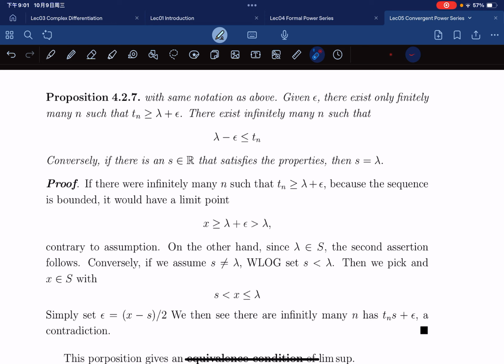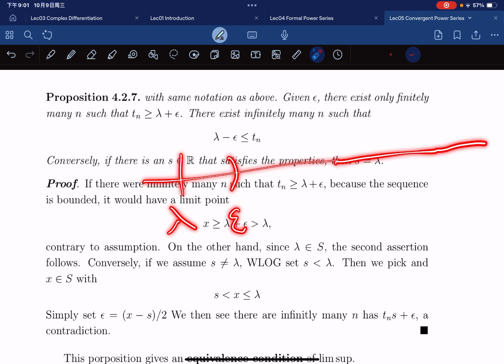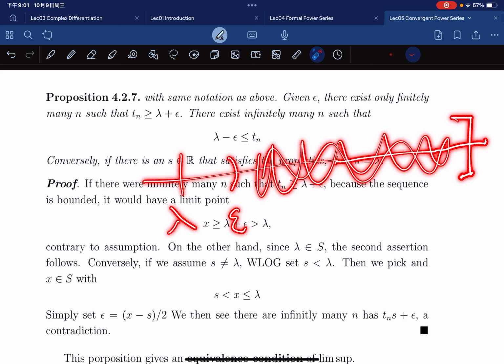Suppose by contradiction that there were infinitely many n such that T_n is above lambda plus epsilon. Because the sequence is bounded, it will have a limit point. So if we have this lambda and this epsilon, and because it is bounded, then we have infinitely many points here.